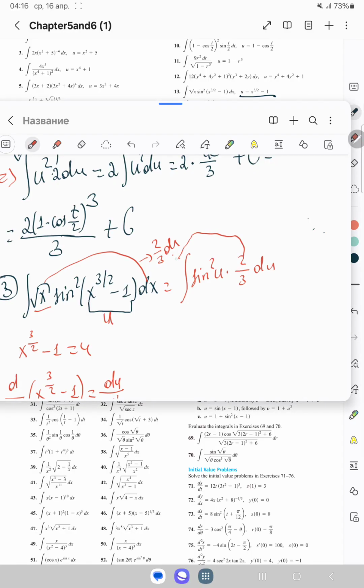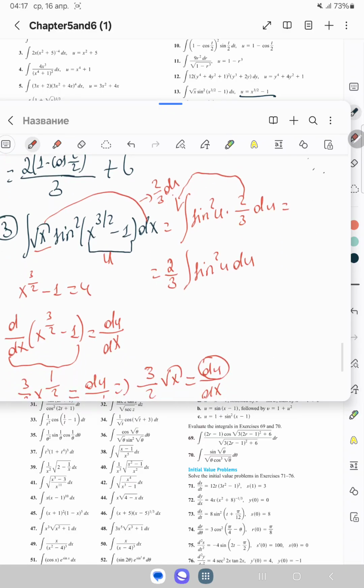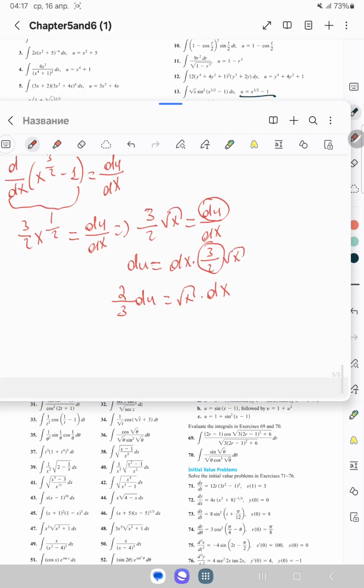I will put it here: 2 over 3 sine squared u du. We have talked about how we find the integral of sine squared u du, so it's a task. It's given, so I won't repeat it, and please do it by yourself.